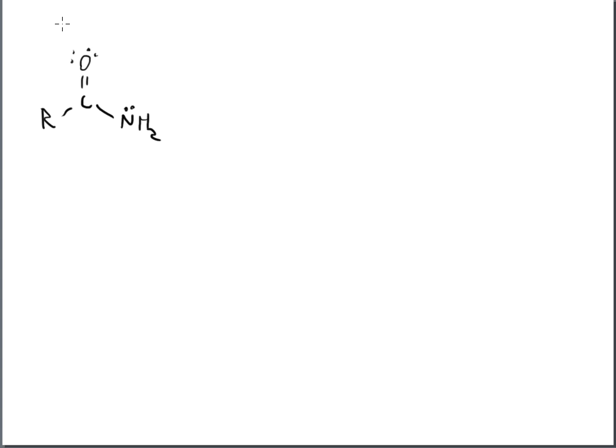Rule 3 says a free set of electrons can move toward a pi bond. So here is a free set of electrons. And that free set of electrons is next door, neighbor, to that carbon. And that carbon has a double bond on it.